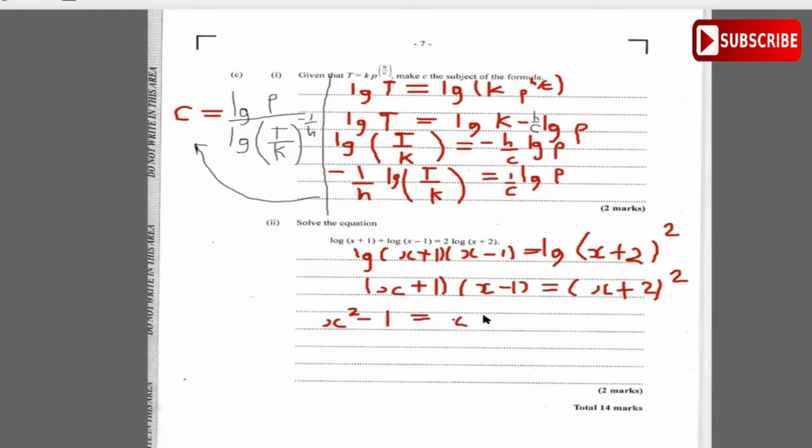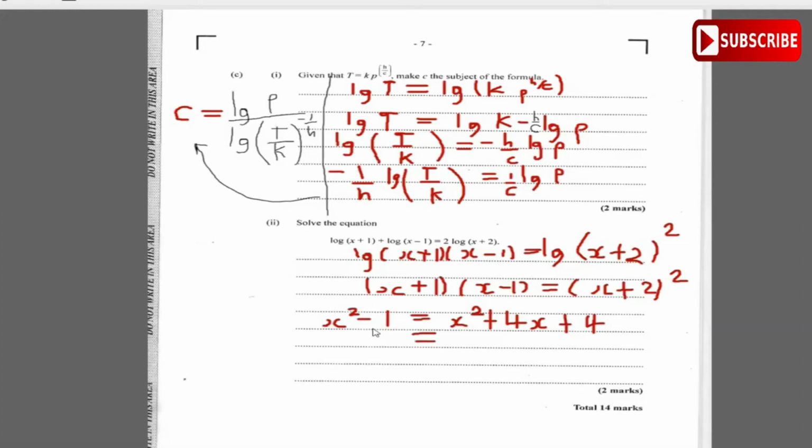That's going to give us first term squared plus twice the product of the 2, which is 4x, plus second term squared. So we're solving x squared minus 1 is equal to x squared plus 4x plus 4. Now bring over x squared over here. x squared is going to cancel with the x squared. Let's bring everything over to this side.